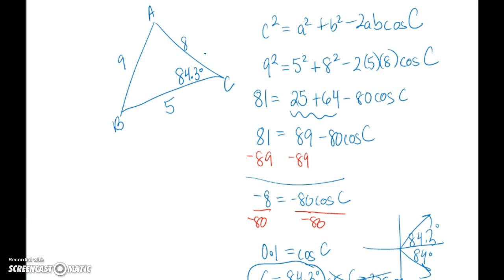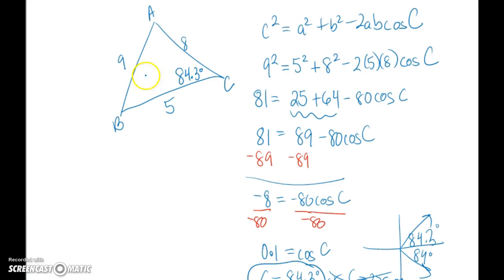It's across from the largest side, right? So your next angle would have to be smaller than that angle, and that will help you eliminate one of your potential answers for your angle using law of sines.